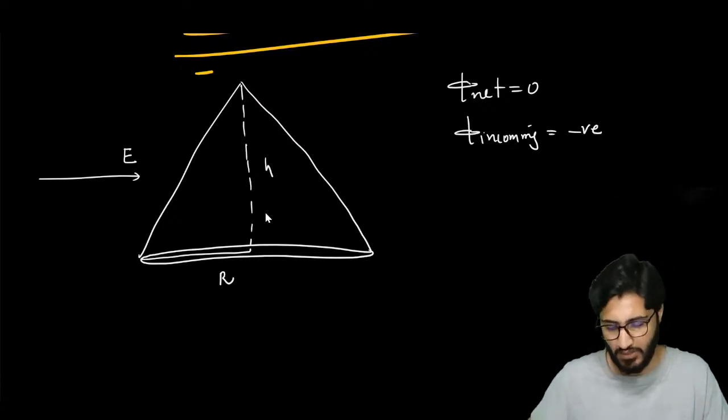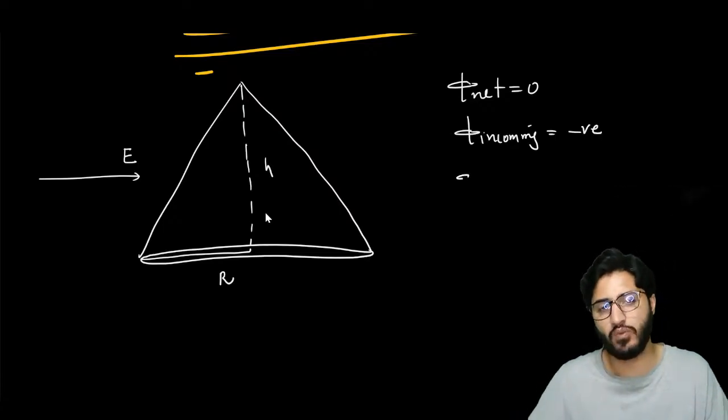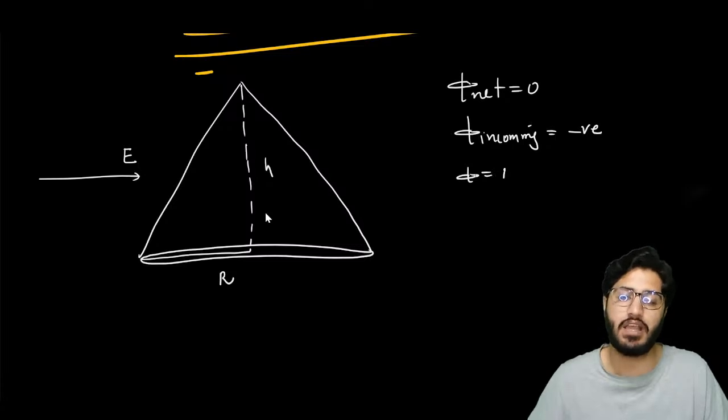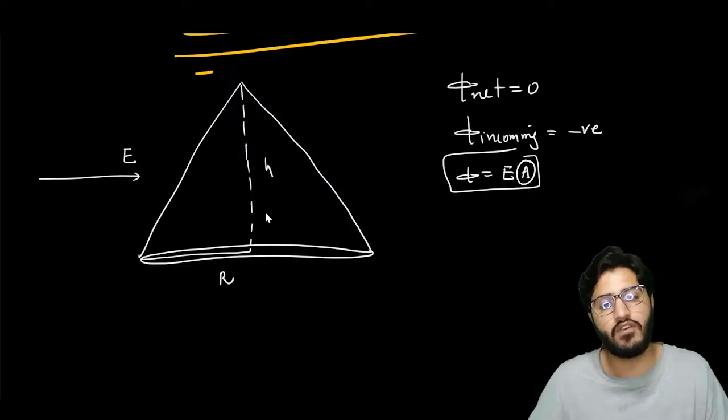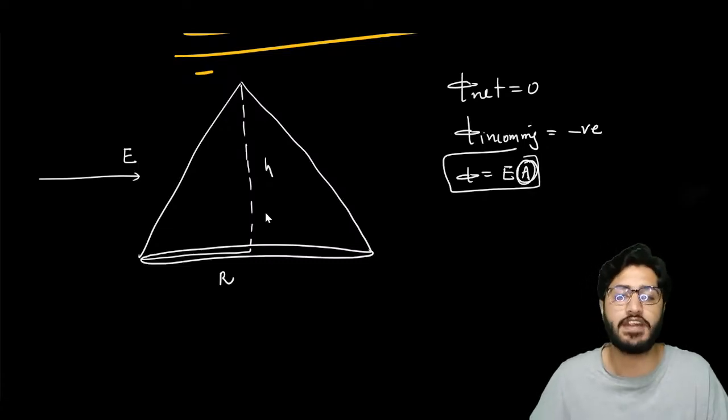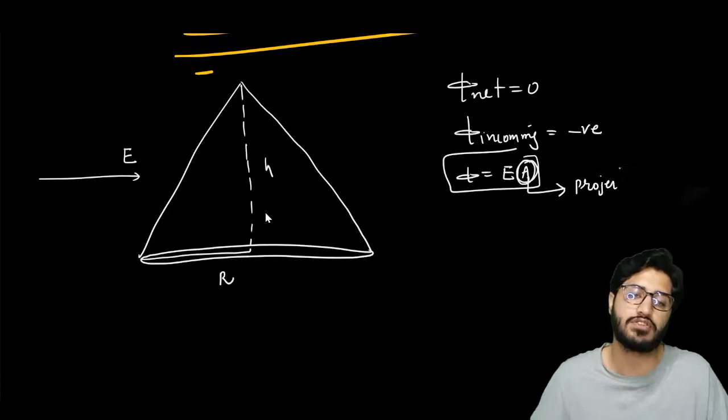Okay. So look, for flux, what do we need? We need the electric field and the area. So which area do we need to take? Every time it is the projection of area, and it should be maximum.